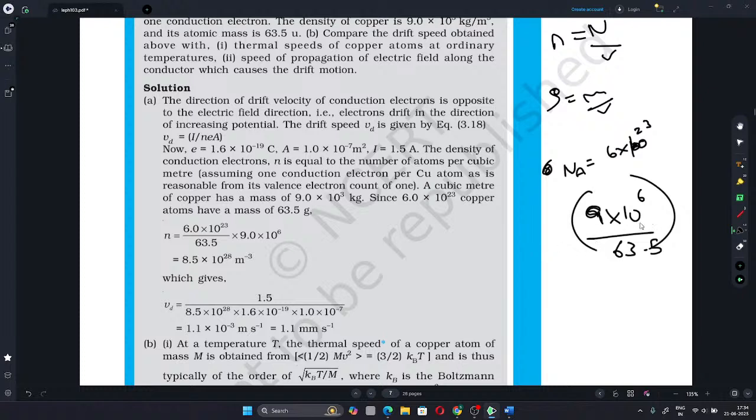Since each copper atom gives only one electron, 1 times 9 into 10 power 6 by 63.5 gives the moles of electrons, and if we multiply this with 6 into 10 power 23, which is Avogadro's number, we will get the total number of electrons.